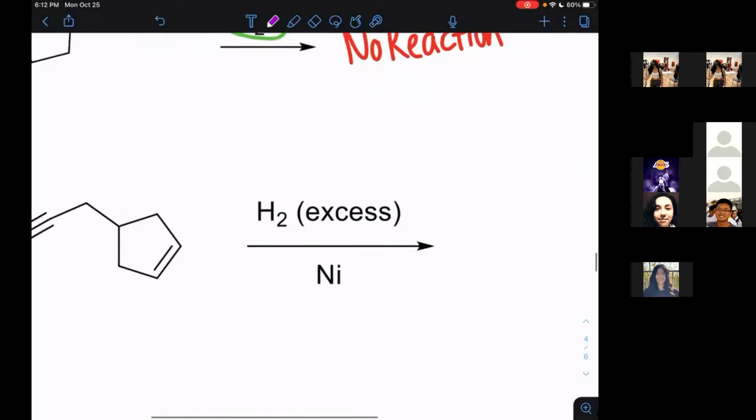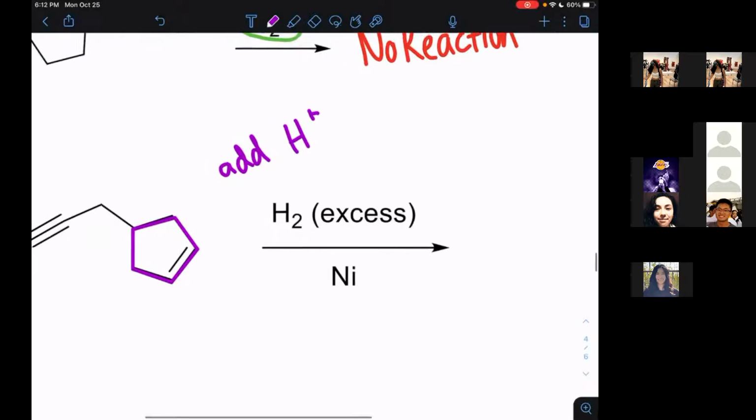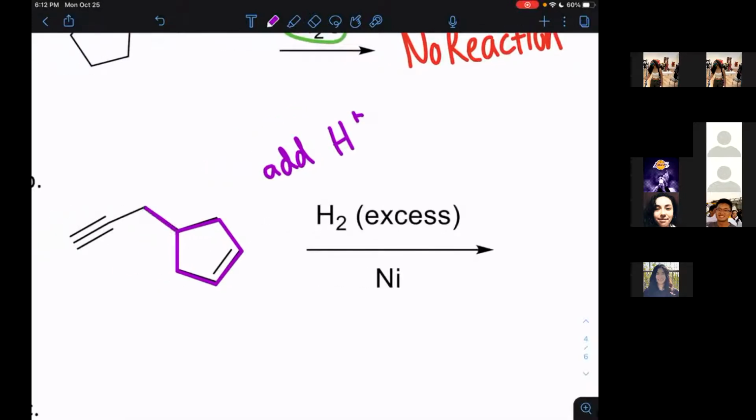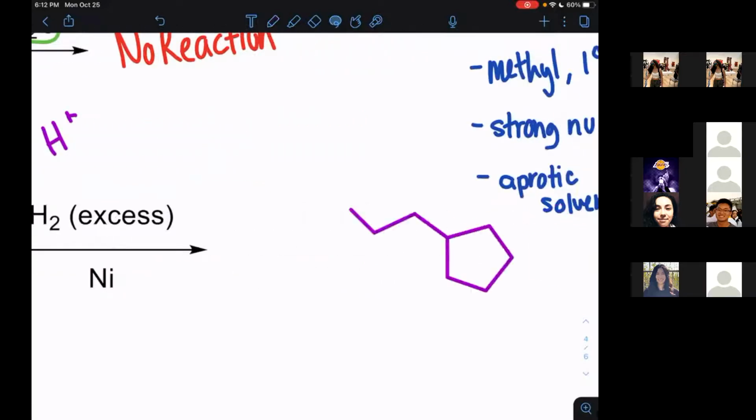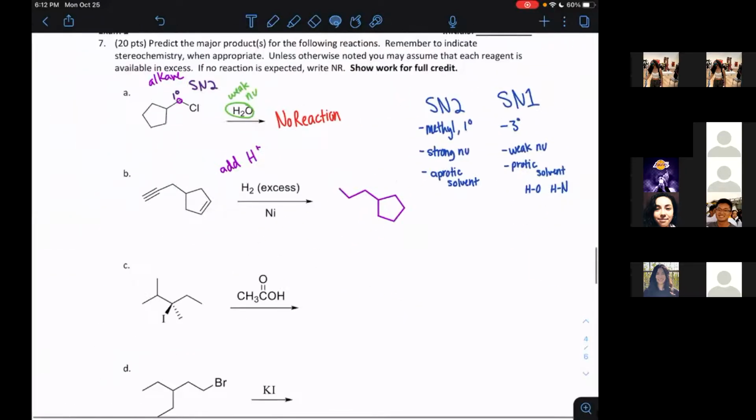So this means add hydrogen to all of the double bonds. It keeps the same kind of structure, but it's all an alkane. So yes, that one.